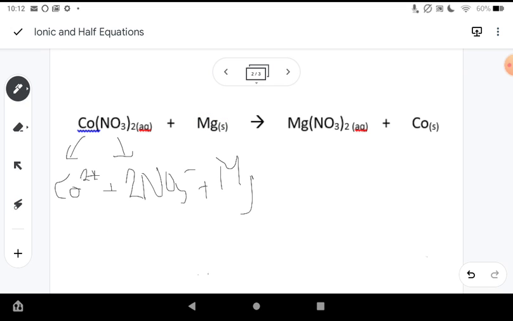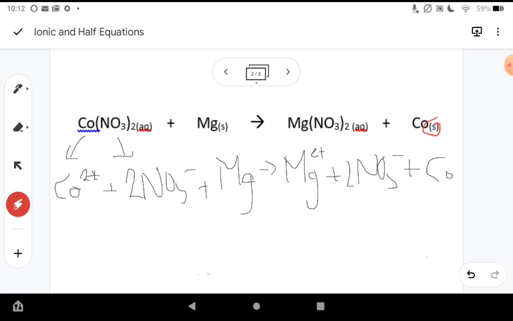All right. On the right hand side, what's happened now is the magnesium is now aqueous. So in that case, I'm going to have Mg2 plus, those 2 NO3 minuses plus that solid cobalt, okay, because the cobalt is now solid.